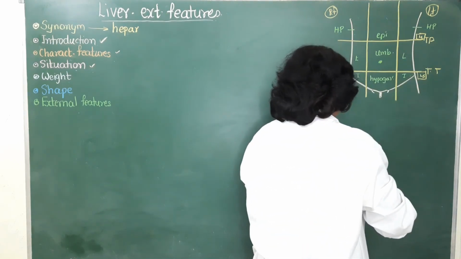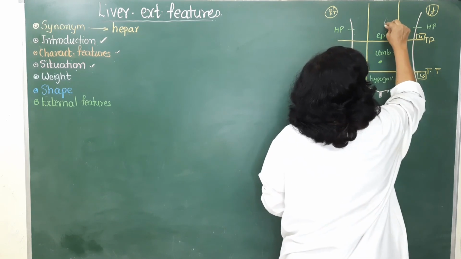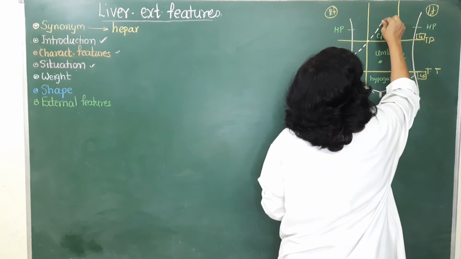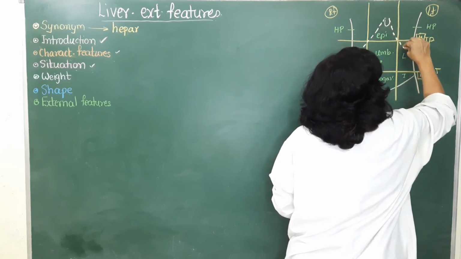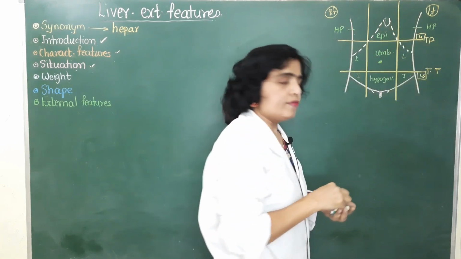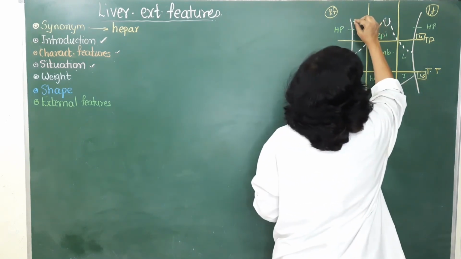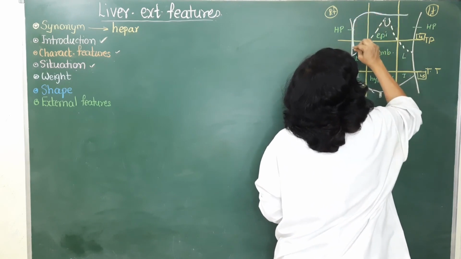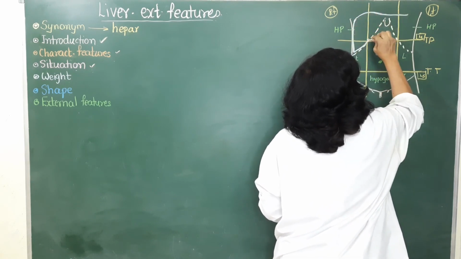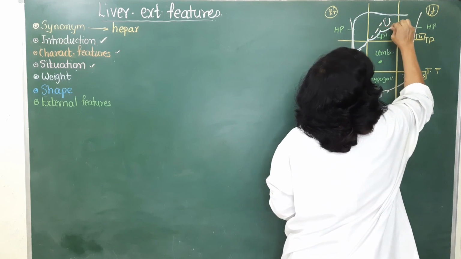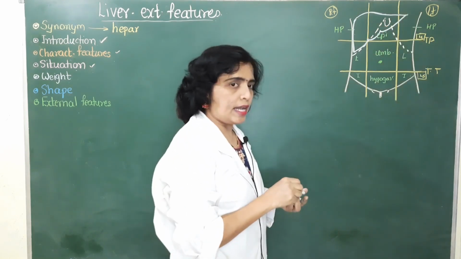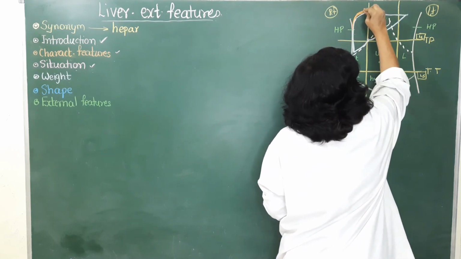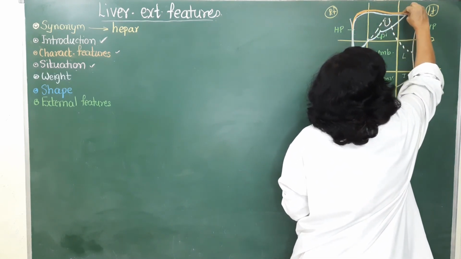Now, if you draw here the xiphoid process and the costal margin, it is like this. You see the liver is situated here. It lies just beneath the diaphragm, which separates the abdomen from the thorax.